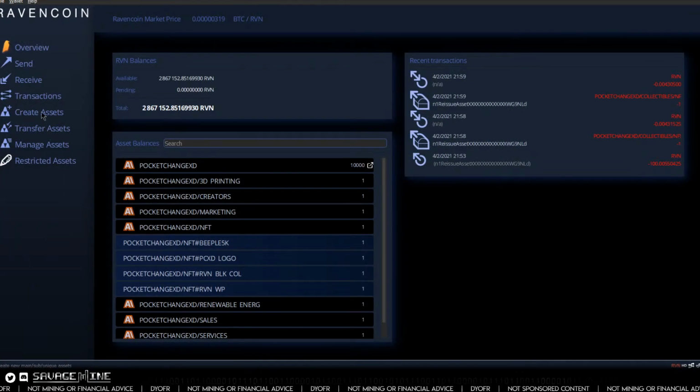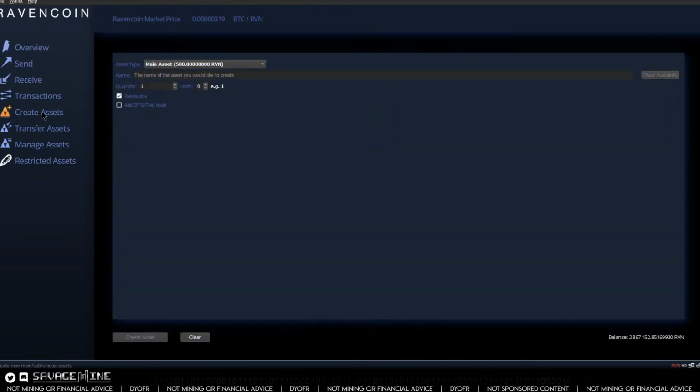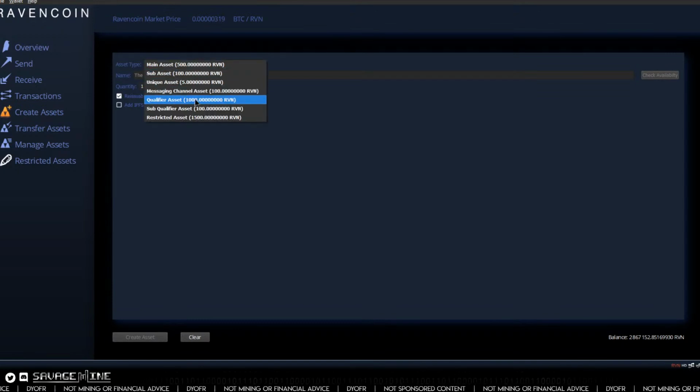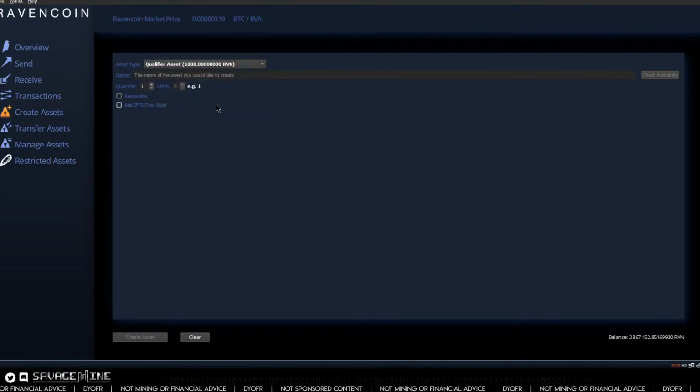So we're going to go to create assets. And then we already have a main asset. You do have to have a main asset to create a restricted asset, but I'm not sure about the qualifier asset. I would imagine you probably have to have a main asset. I don't know for sure, but we're going to click on qualifier asset, and it does cost 1,000 Raven. That means 1,000 Raven is burned whenever you create this asset.